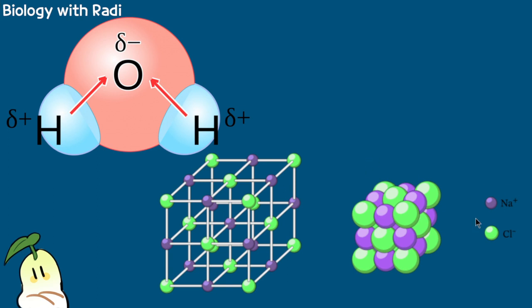After they transfer electrons, the two turn into ions: the sodium turns into Na plus, and the chlorine turns into Cl minus. These are opposite charges, so they attract each other and stick together in a structure we call a lattice. This is what we call an ionic compound.